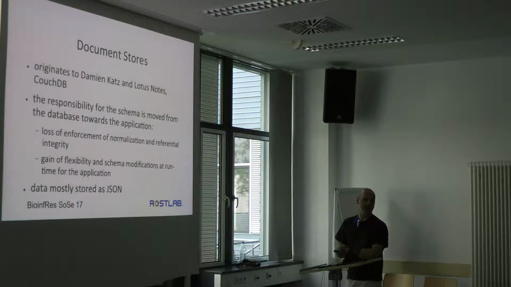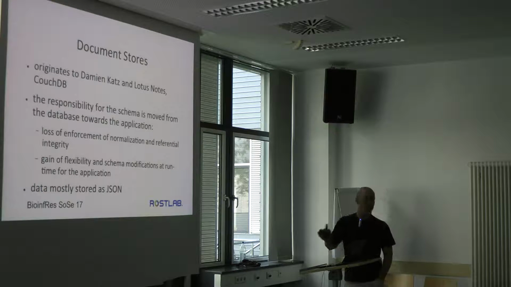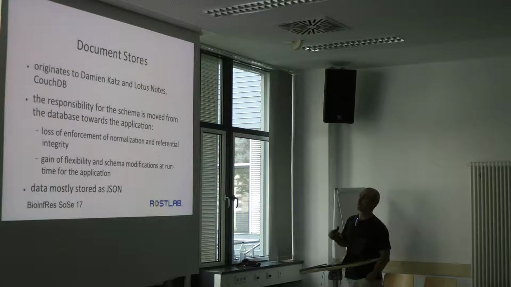So the responsibility for keeping things structured is on the application, and this allows that you don't have to normalize the data, and you don't have to take care of referential data. So space is not an issue in this model, and consistency also not that much, but it gives you much more flexibility.